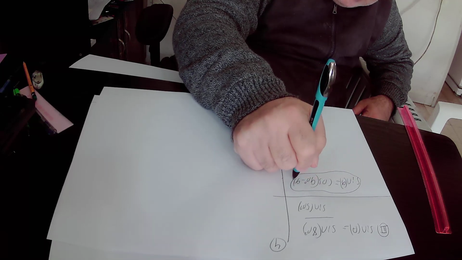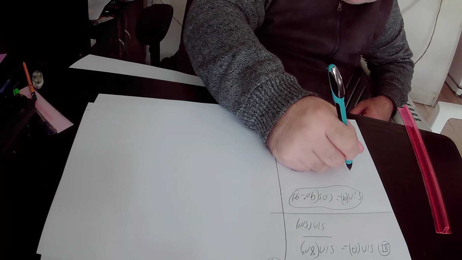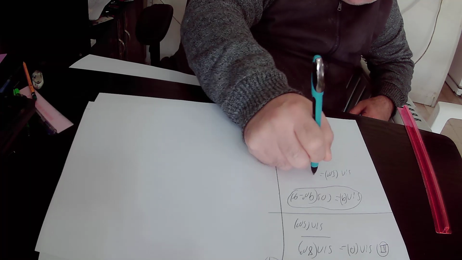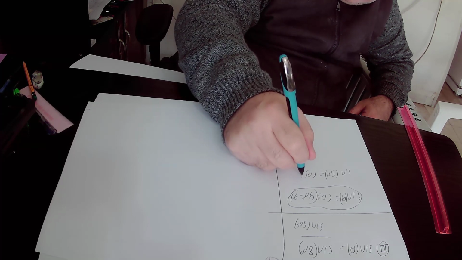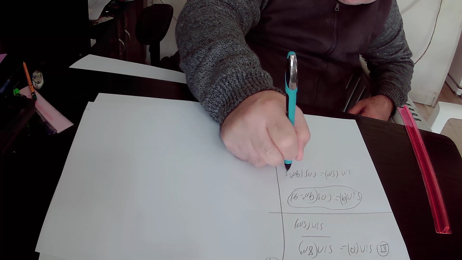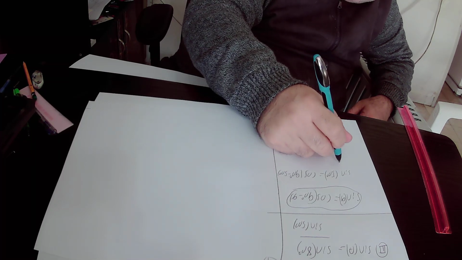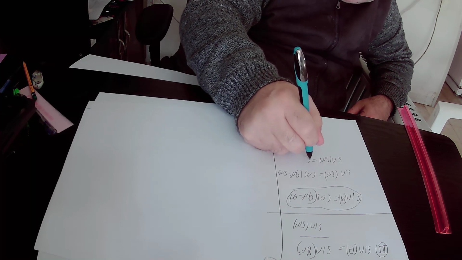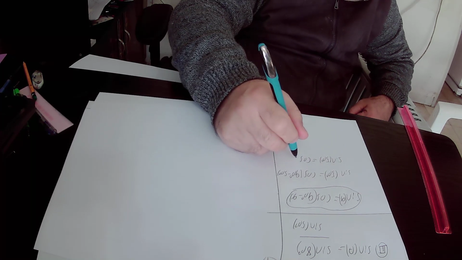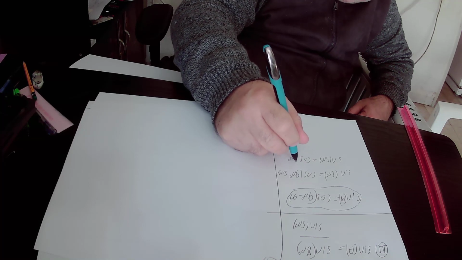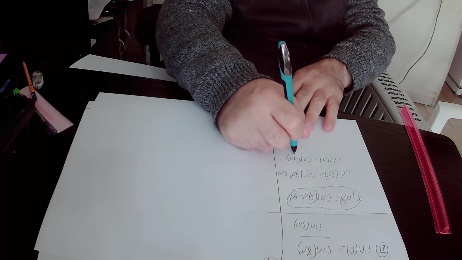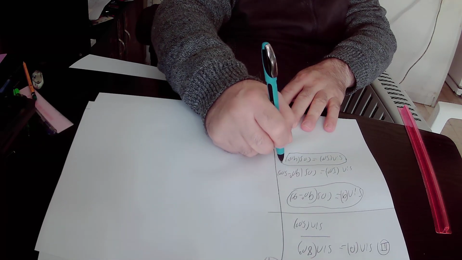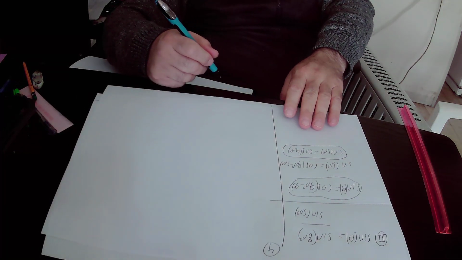So according to this identity, sine 50 degrees equals cosine (90 degrees minus 50 degrees), and 90 degrees minus 50 degrees is 40 degrees. So we found that, according to this identity, sine 50 degrees equals cosine 40 degrees.